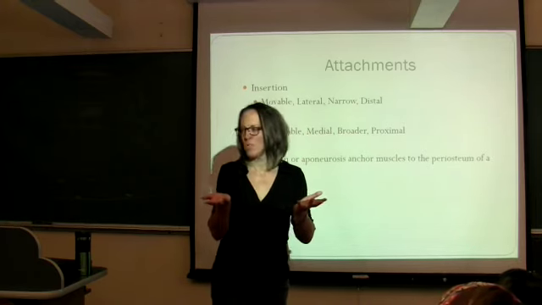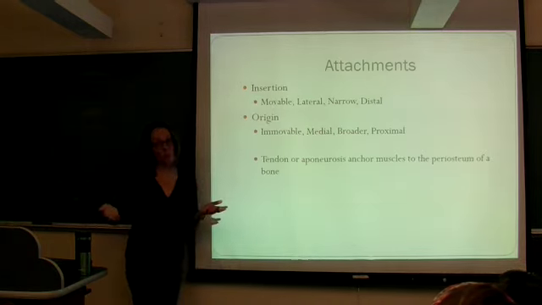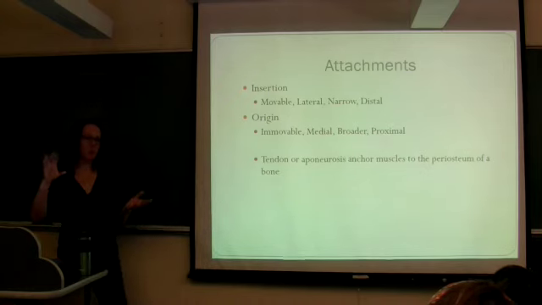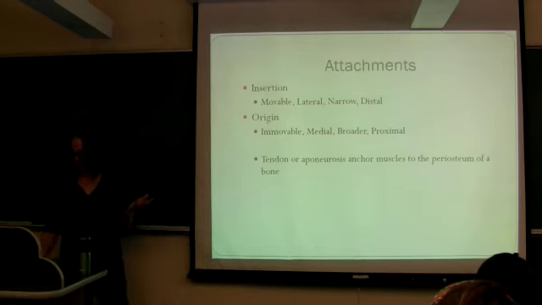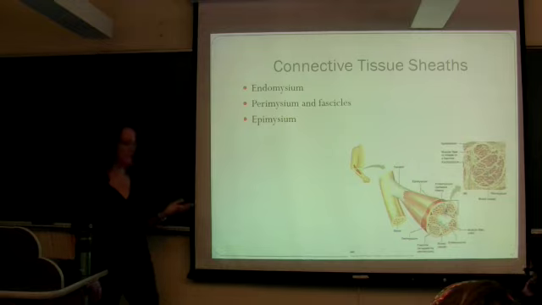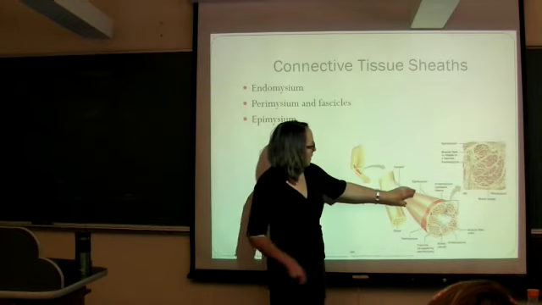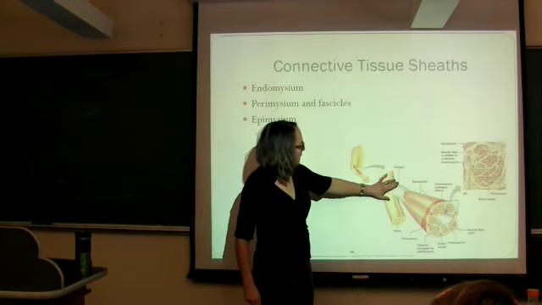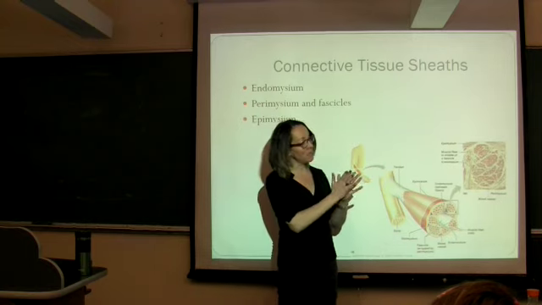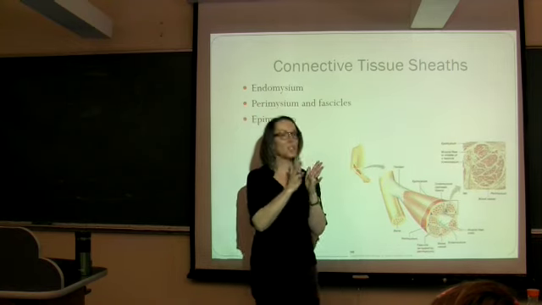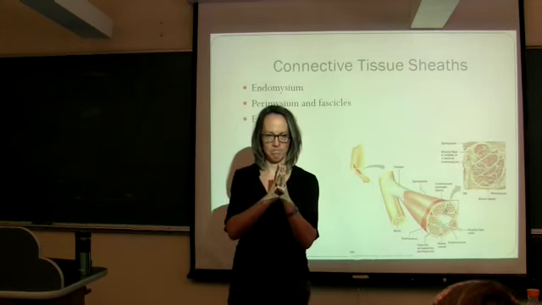What both the tendon and the aponeurosis do is blend into the periosteum of the bone. Back to this picture: they'll come up and blend into the periosteum of the bone to give a nice, strong connection.